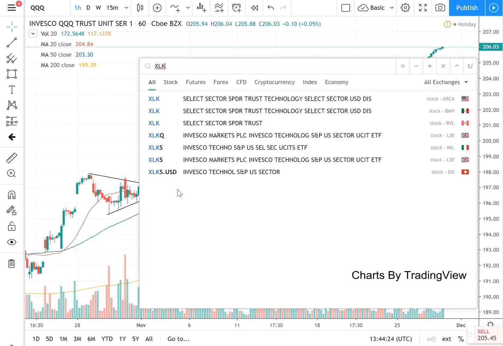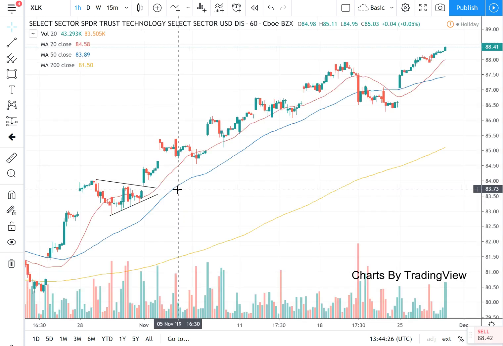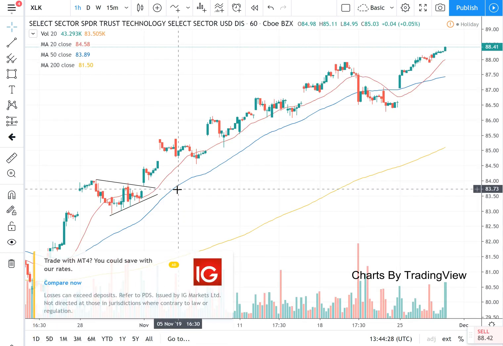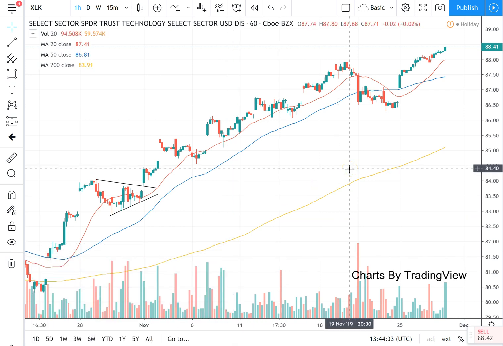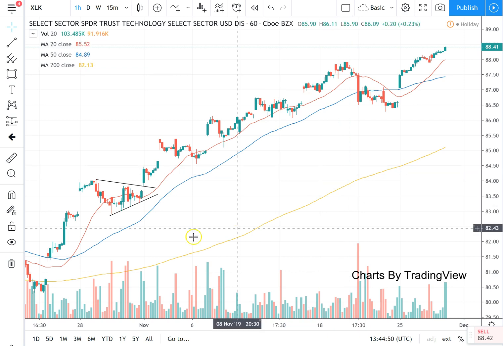Anything else to look out for? Okay, if you look at the US market, you should also look at the tech sector, because if the tech sector leads the market, if the tech sector moves ahead of the market, usually it tells us that the entire market has a bullish bias as well, because the tech sector usually leads the market.